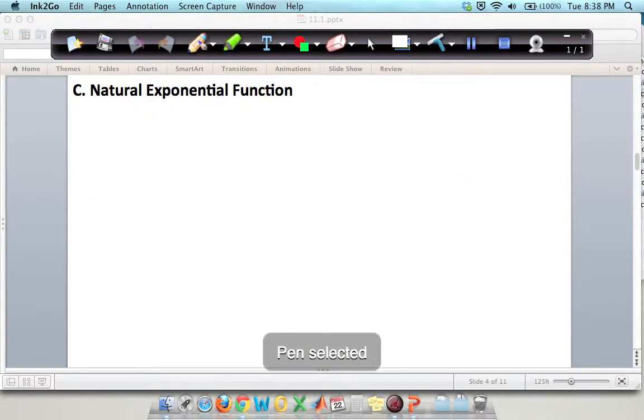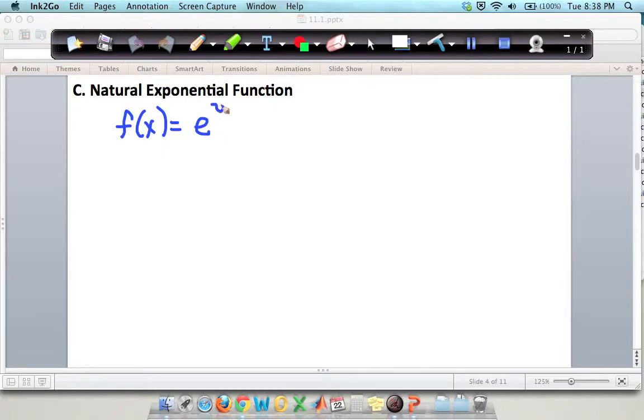Okay, a natural exponential function is represented with the letter e. So just like we have pi, which is a number, 3.14 repeating, e is also a number. And you can actually find this on your calculator. Look for the button on your calculator that says e to the x. And when you type that in, when you say e and it says raise it to a power, just type in 1.